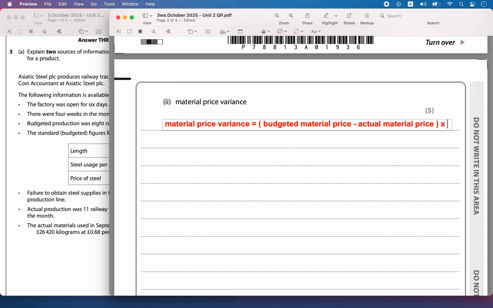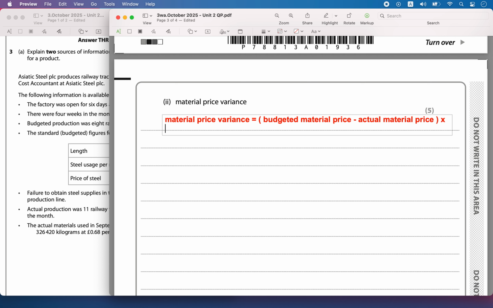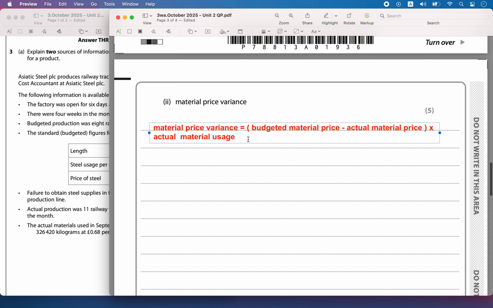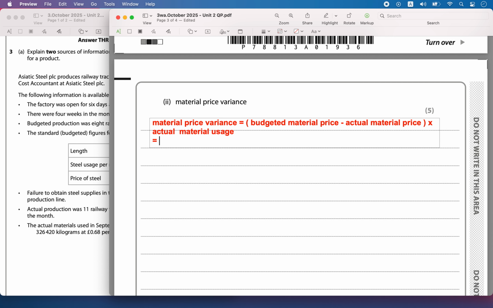So actual price times the rate, this one, into quantity. The quantity is nothing but the actual material usage. And there has been a difference in the budgeted and the actual price purchase.